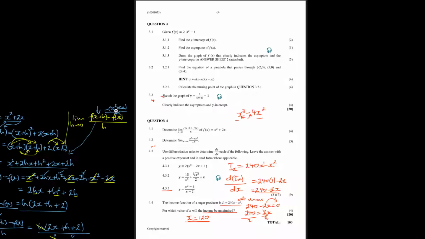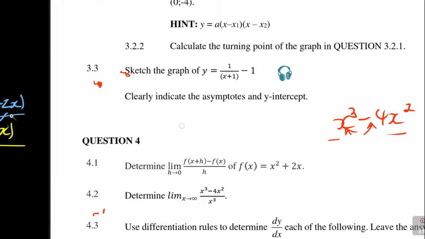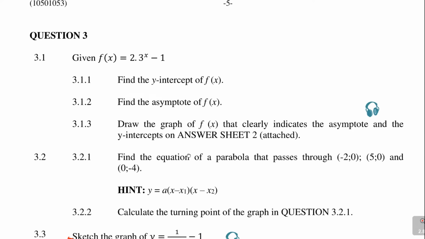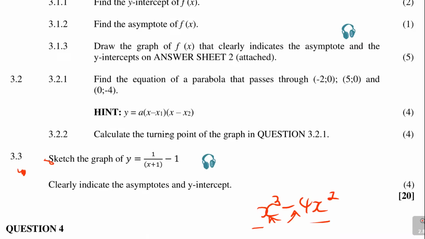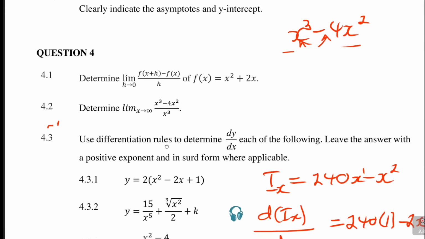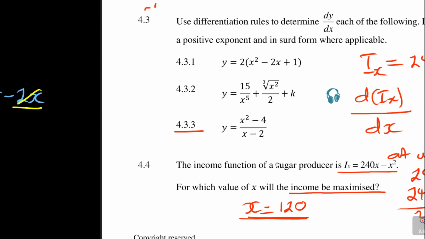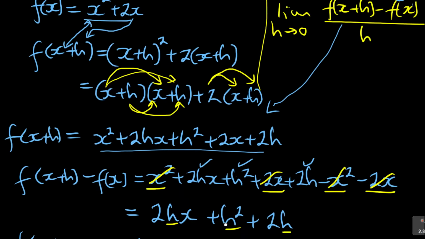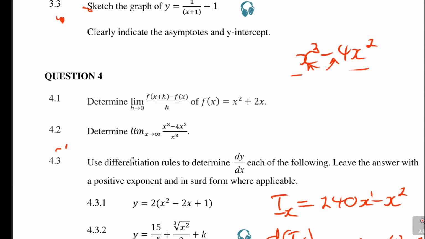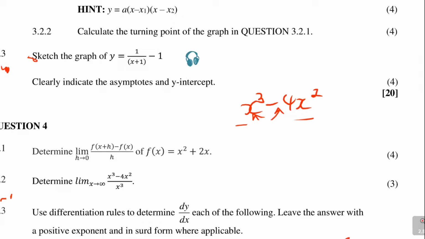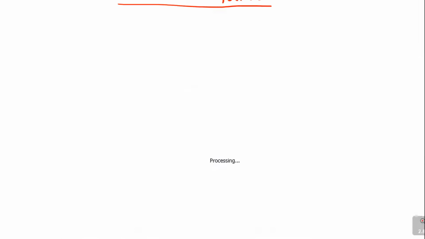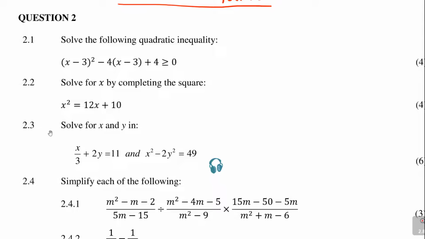As you can see, there is some working here, but it is for question number 4. So I did not do question number 3, which was also out of 20 marks. I went on to do question number 4, and this was the working part of that.